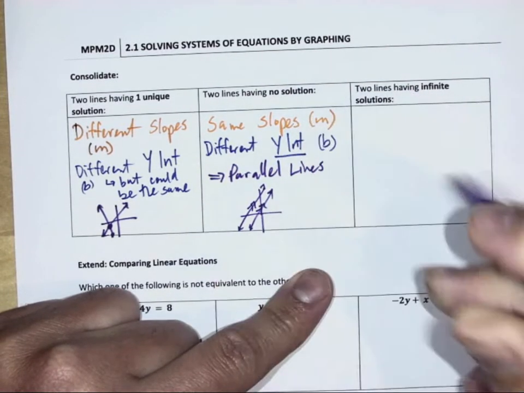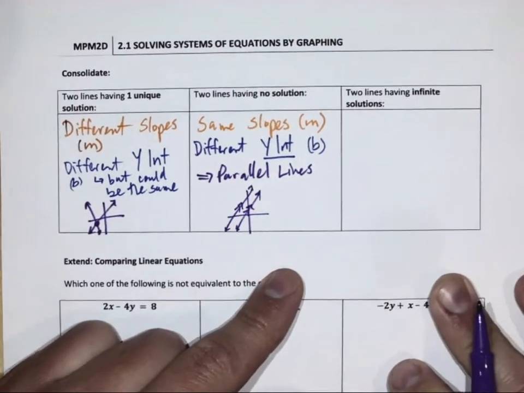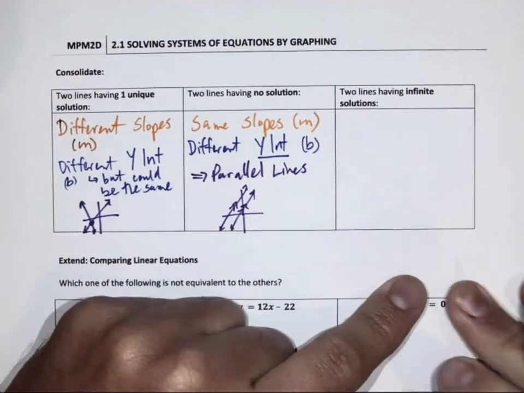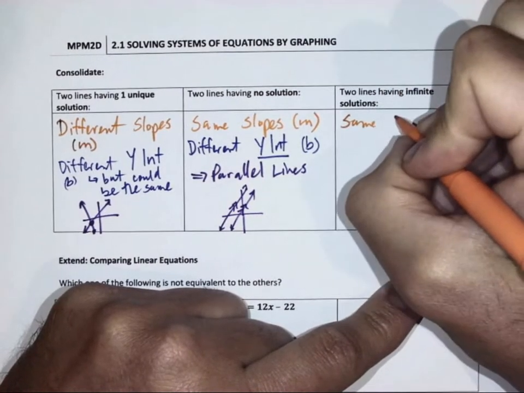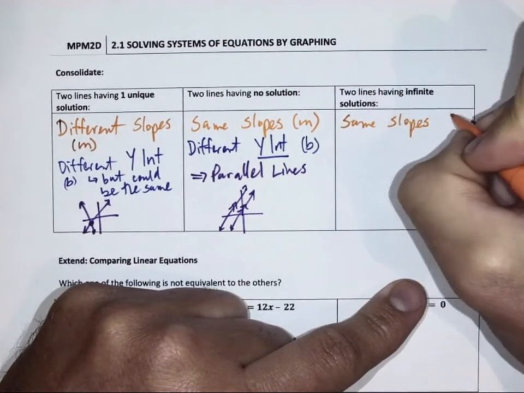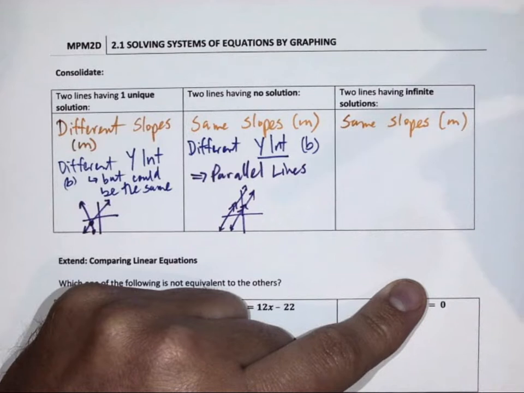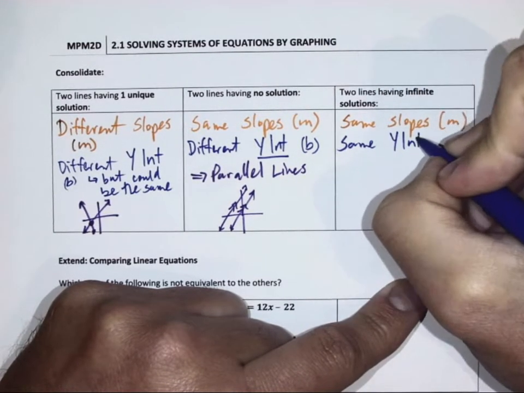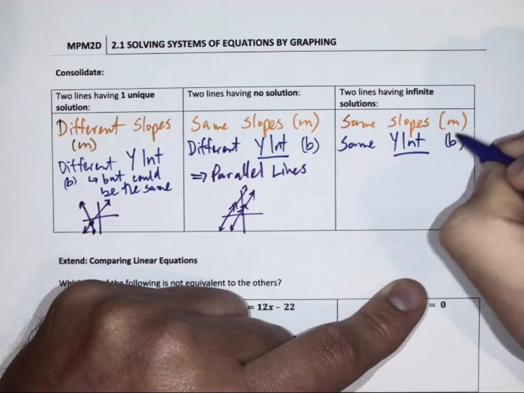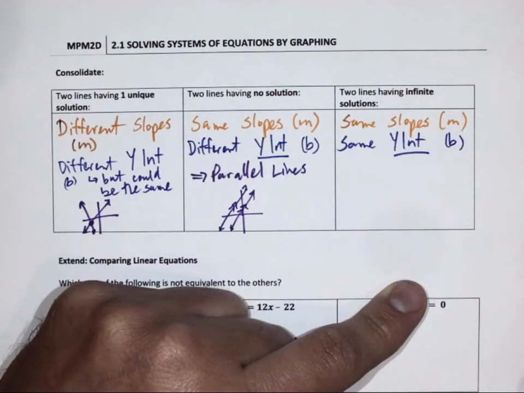They're never going to cross. There's no solution. If two lines have infinite solutions, they have the same slope, as well as the same y-intercepts. So they are the same line.